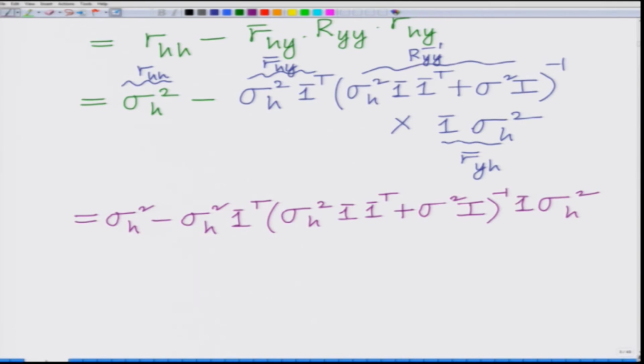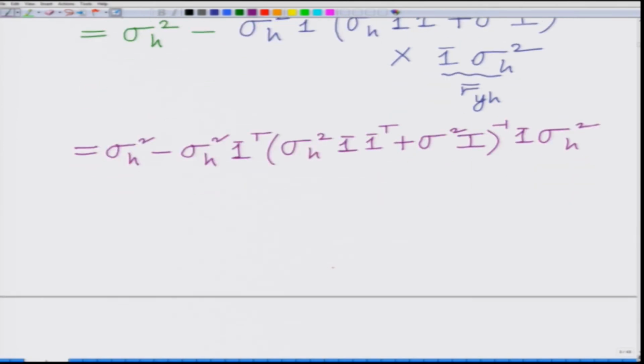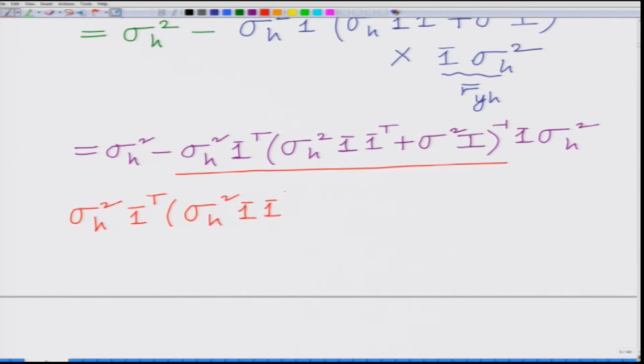Now, what we want to do is simplify this expression for the MSE further, and to do so we are going to use a result that we have already seen before. You can refer to the lecture on estimation in the wireless sensor network. That is, sigma h square 1 bar transpose times sigma h square 1 bar transpose plus sigma square identity, inverse.